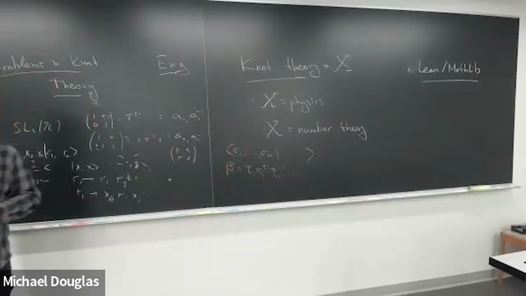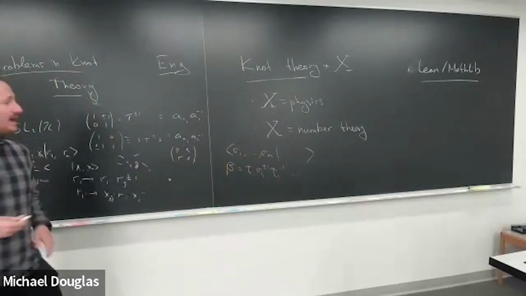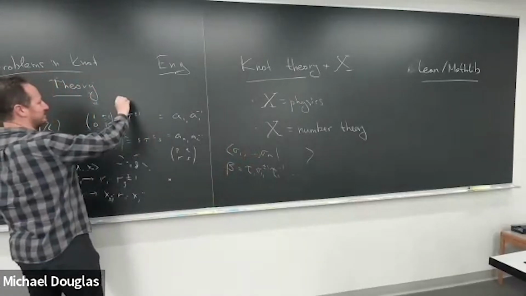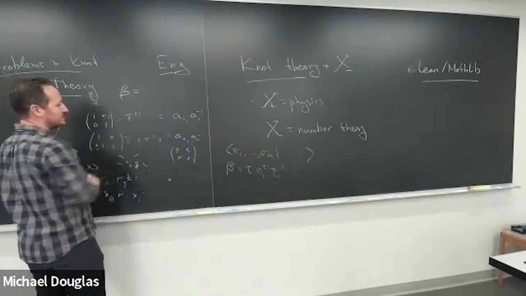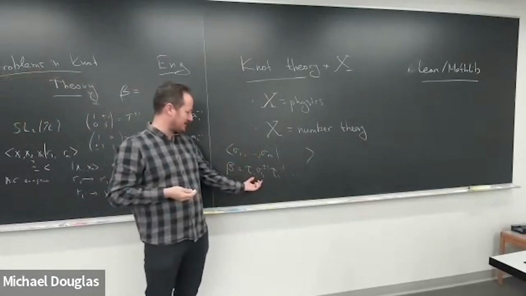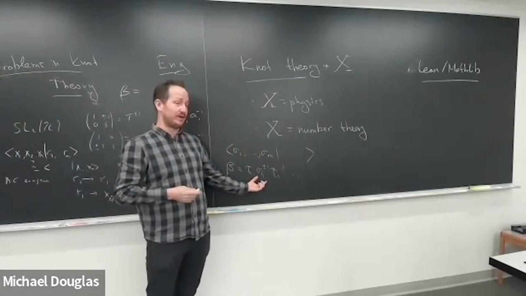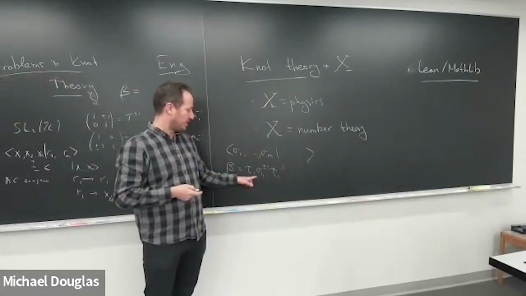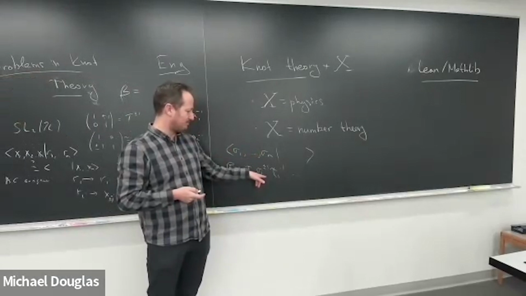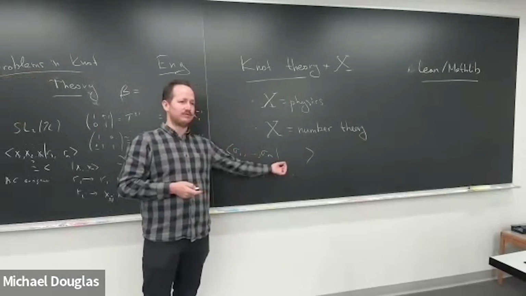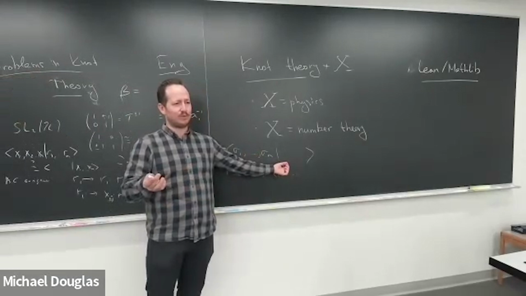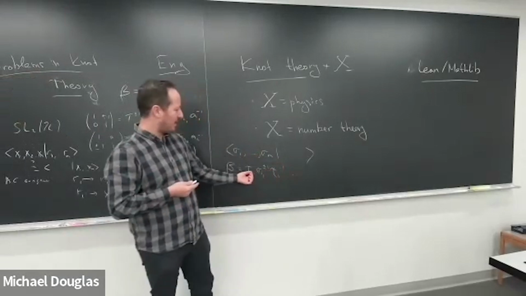Is it easy to say what quasi-positive is? Yeah, that's not too hard to say. Every braid can be written as a product of conjugates of Artin generators or their inverses. So you write down your braid as some product of Artin generators. That's what we would call a band decomposition.